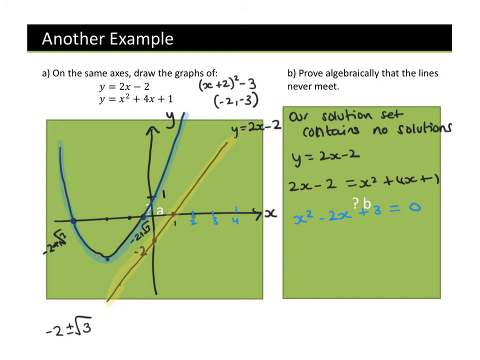Now I've completely forgotten what we... Oh, it doesn't say. We have to write a specific sentence here. So no solutions. This is giving us no solutions, therefore they do not intersect.